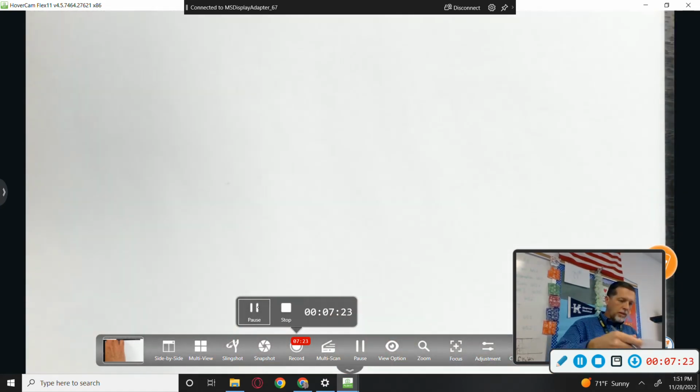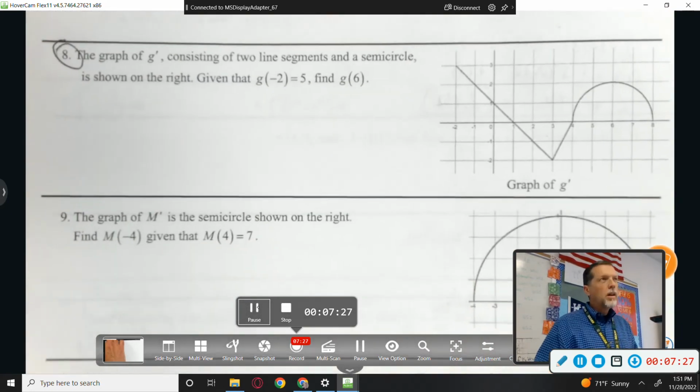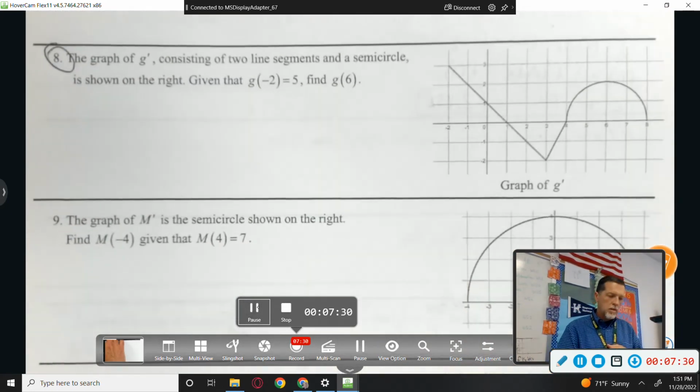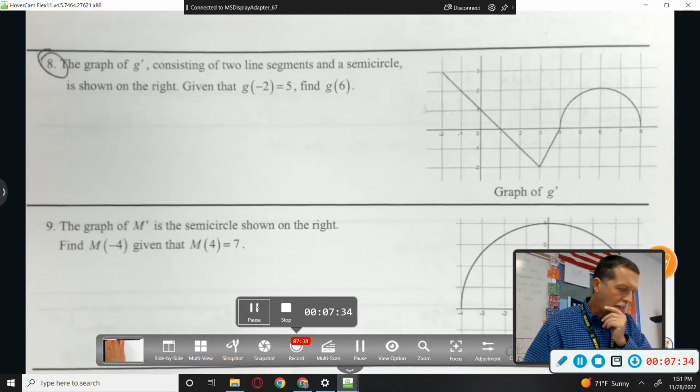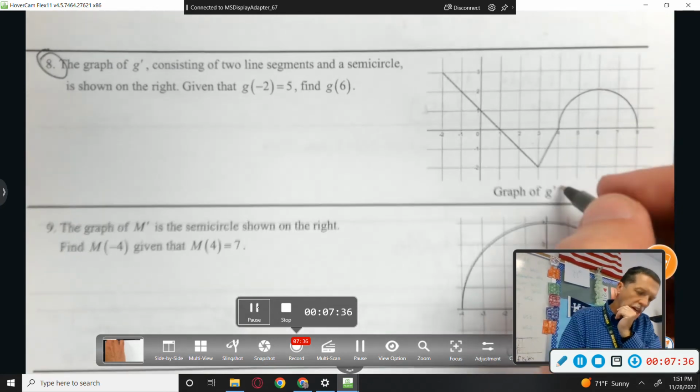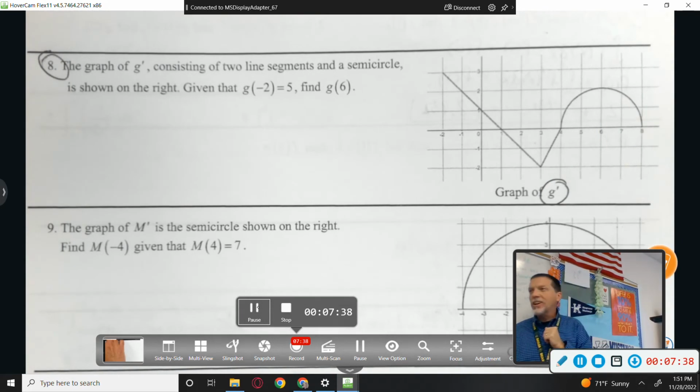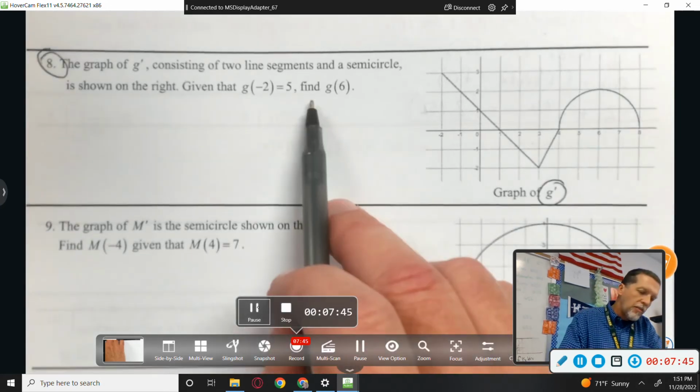Let's skip ahead to number 8. The graph of G prime, so that we're not trying to trick you on what we're giving you. It tells you it's the graph of G prime, it's labeled as the graph of G prime. Find G of 6.